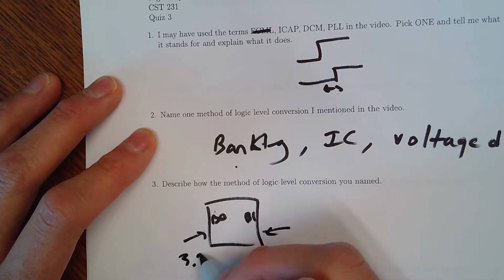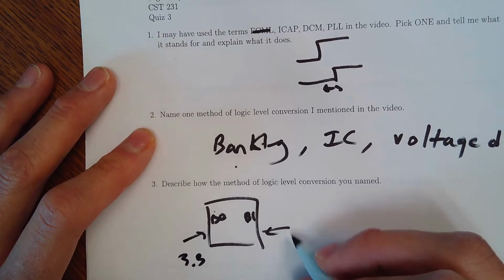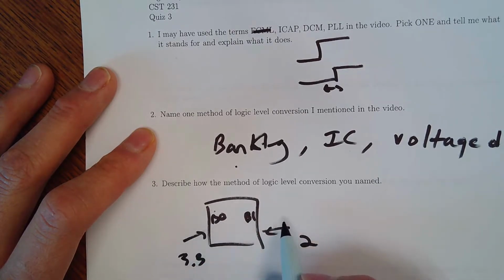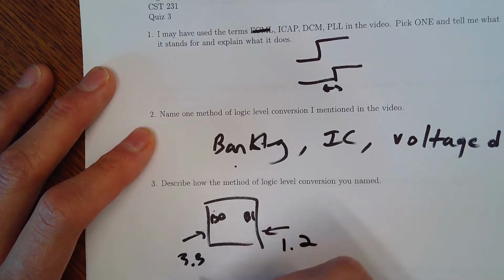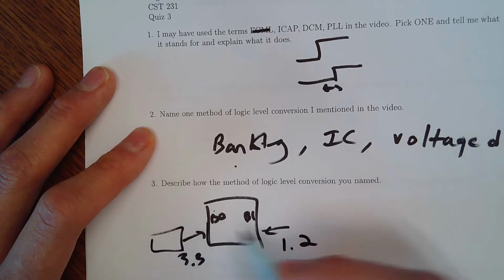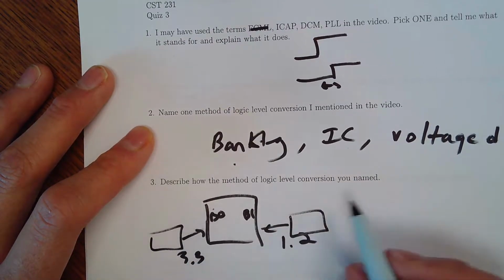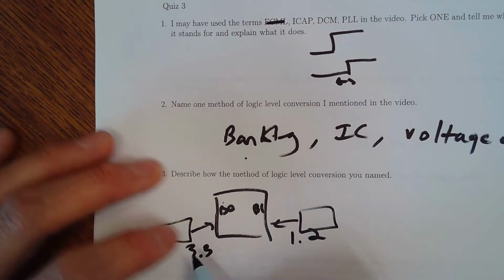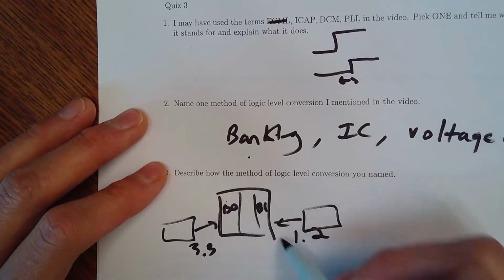B0 could be connected to 3.3 volts. B1 could be connected to 1.2 volts. You can instantiate a buffer inside the FPGA fabric to communicate between B0 and B1. The devices on this side and this side can talk through the FPGA, or the FPGA can talk to them individually at different voltages if we have different banks.